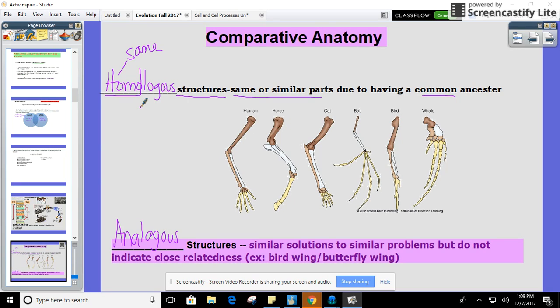There are obviously differences, but they have similar parts and a common ancestor. This is in contrast to analogous structures, which are similar solutions to similar problems, but they don't indicate relatedness. For example, a bird and a butterfly both fly, but their structures do not indicate a relationship. They may just have a similar function, like flying.